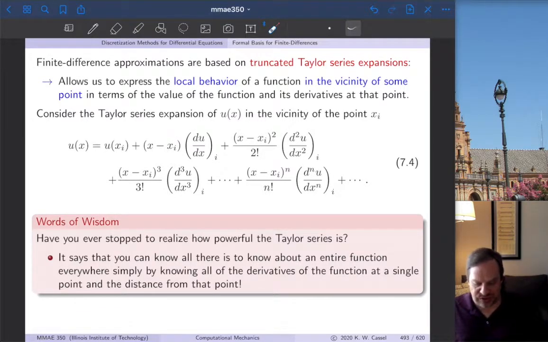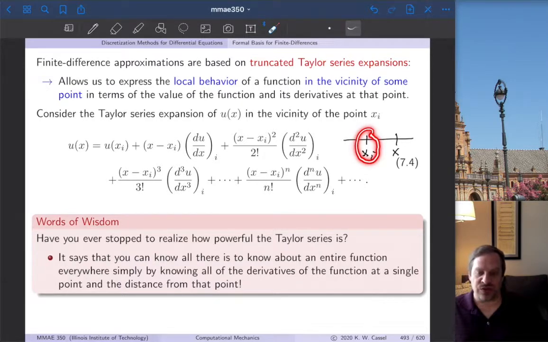What the Taylor series tells us is the local behavior, so near a point, in the vicinity of some point. So let's say we have a function and we know the value of the function at x sub i, and we'd like an expression or an approximation for the value at x. To do that, the Taylor series tells us we're going to evaluate everything at this point.